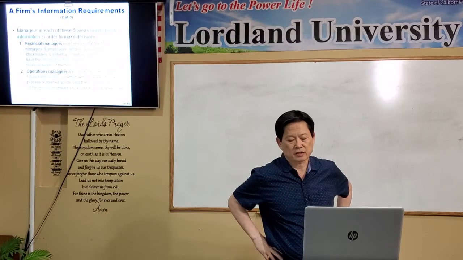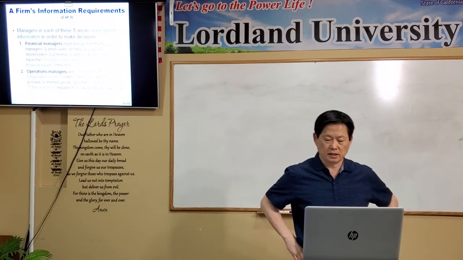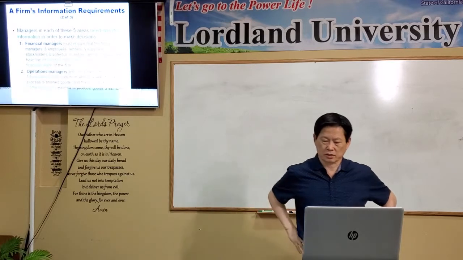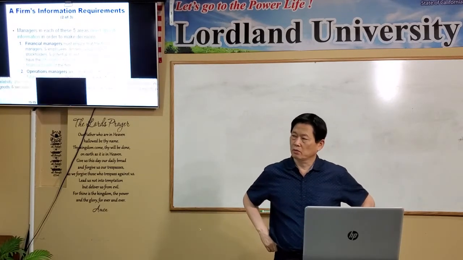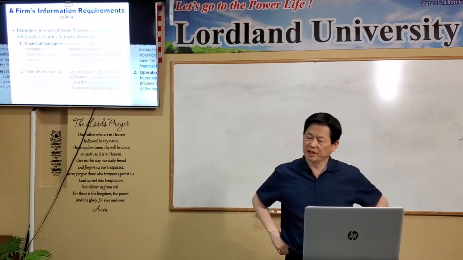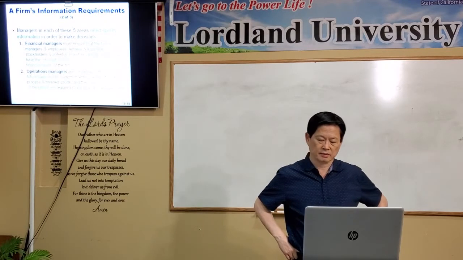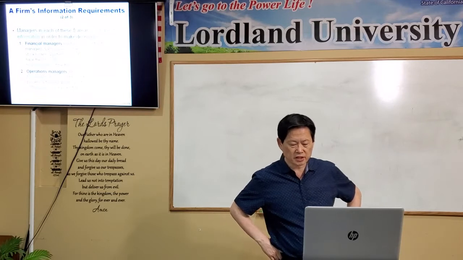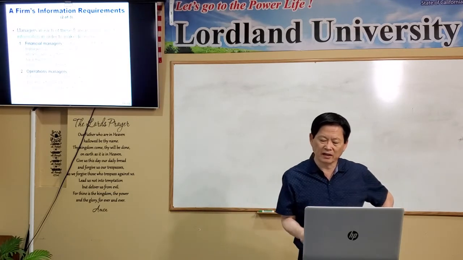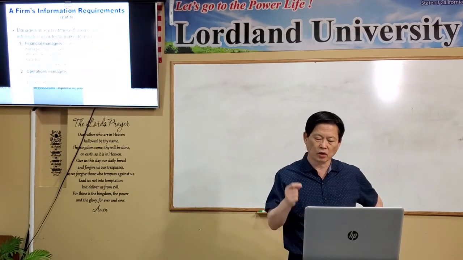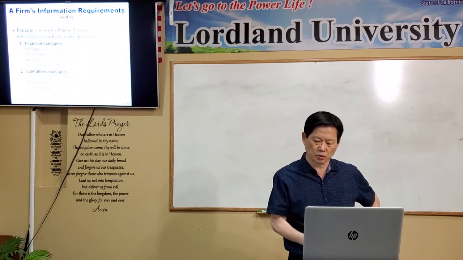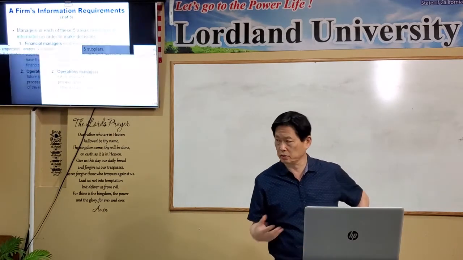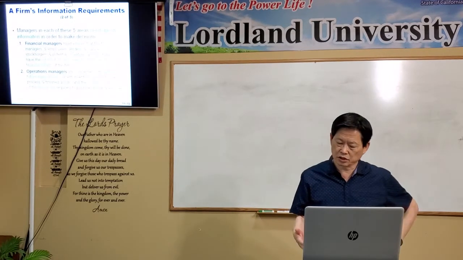Operation managers must know these levels of three types of inventories: raw material inventory, work in process inventory, and finished goods inventories. They must also know the availability and cost of the material resources required to produce the goods and the services.